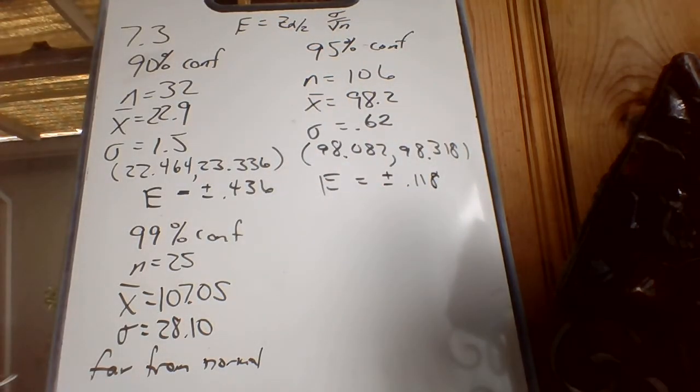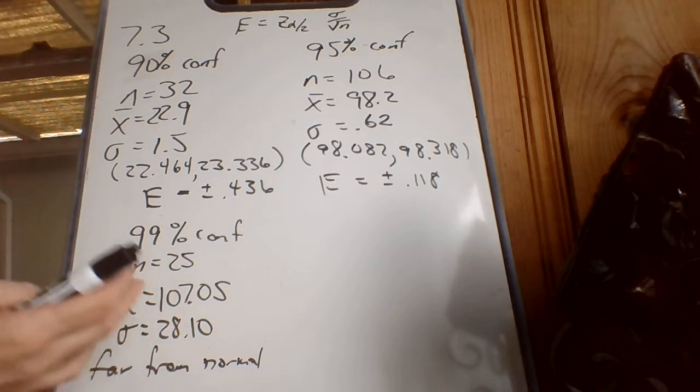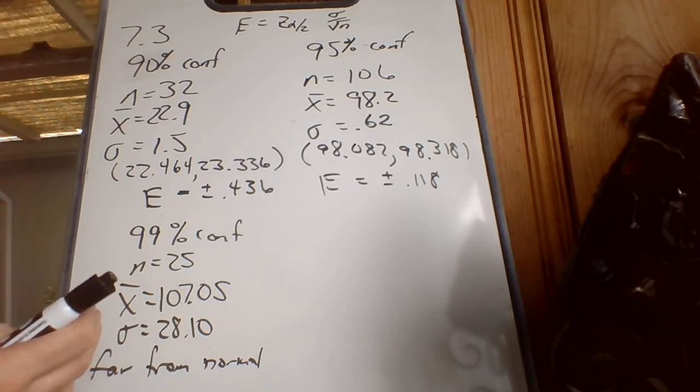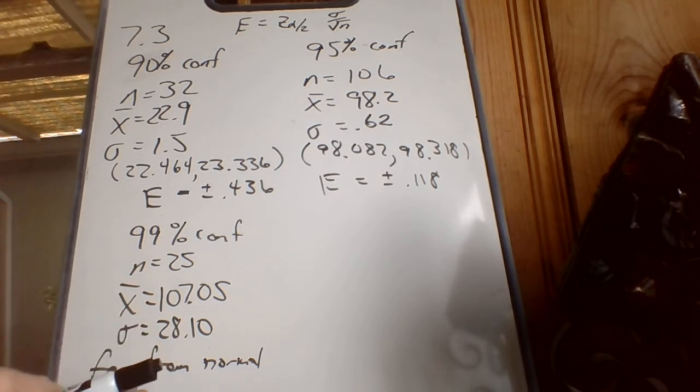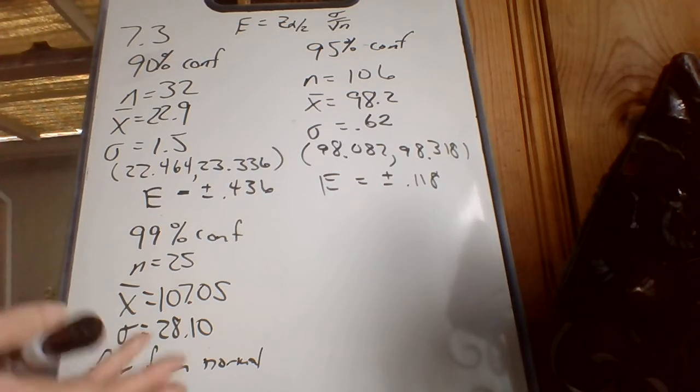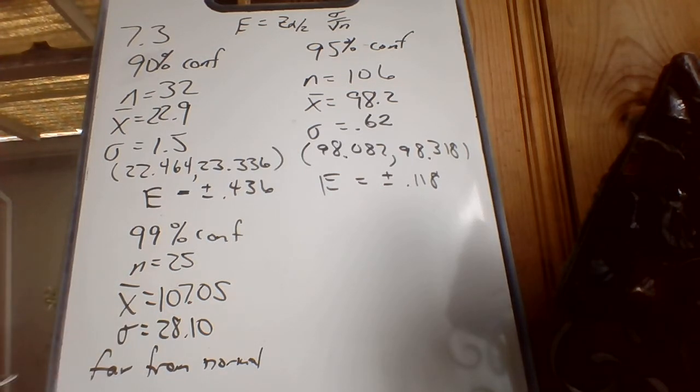Okay, now the third problem down here. Far from normal. Somebody went to the trouble to type the words far from normal on the page, so you figure that's got to count for something. If something is not a bell curve, like way right shifted or left shifted, the theory doesn't work out as well.